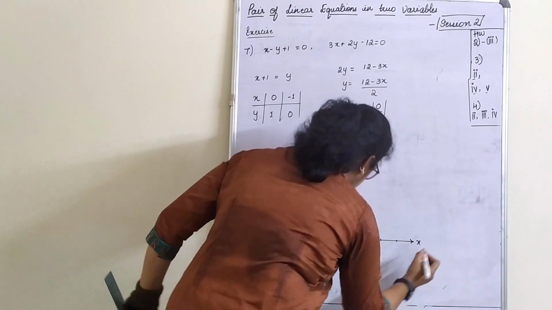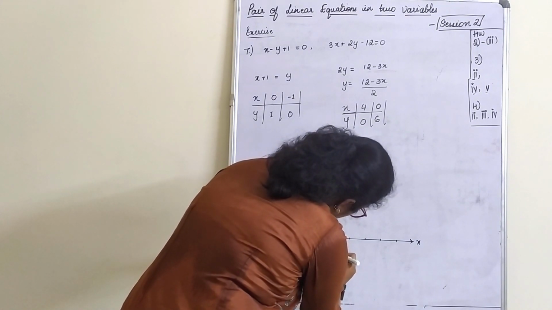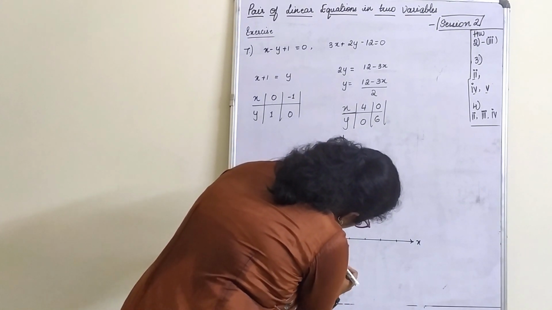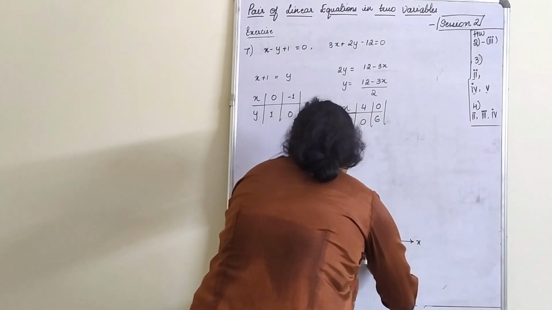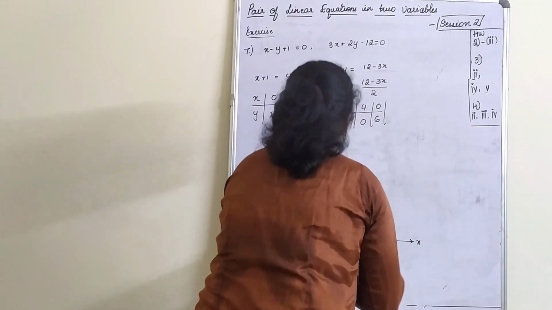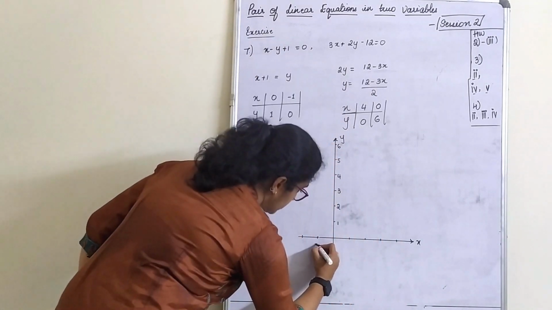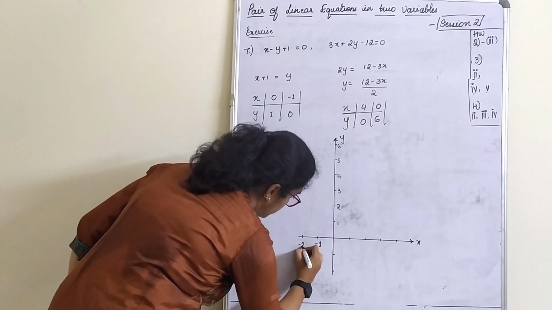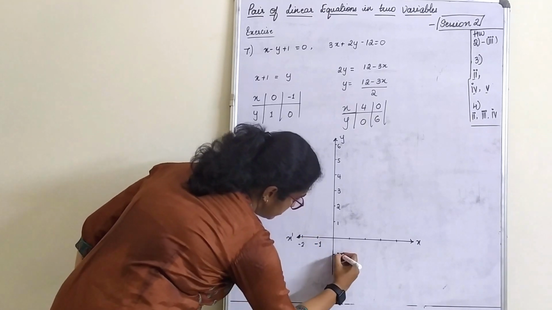And this is the x-axis. On the negative axis we can only take a few values here, not many, since it is not required. Same as the negative x-axis also. We'll only take, do we have? Yes, we have 1. That's all. So this is minus 1, minus 2. So this is the x dash axis.